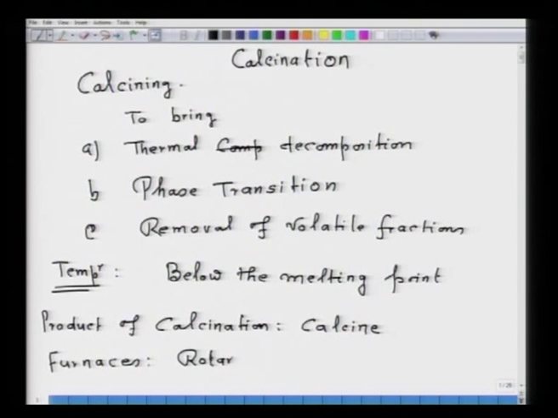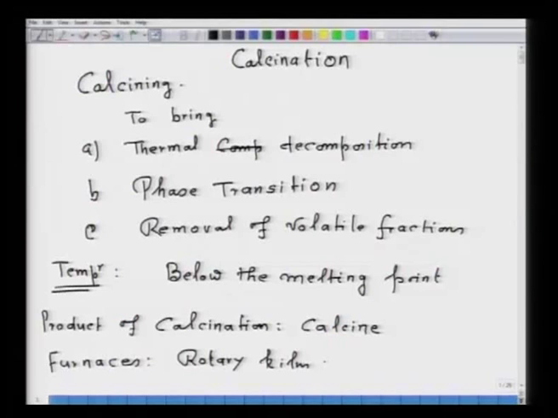Very commonly a rotary kiln is employed. This rotary kiln is employed for production of cement. In the cement industry the rotary kiln has a very big application. Also calcination of limestone, also the removal of water from alumina and so on.